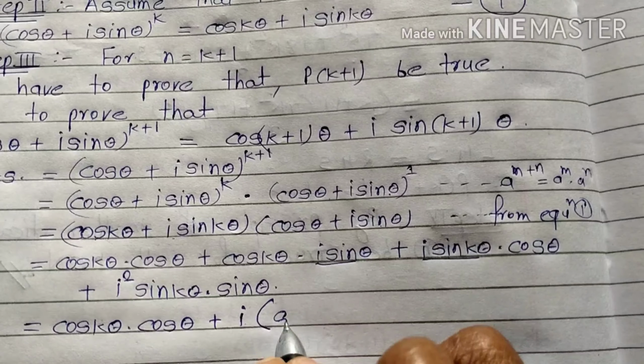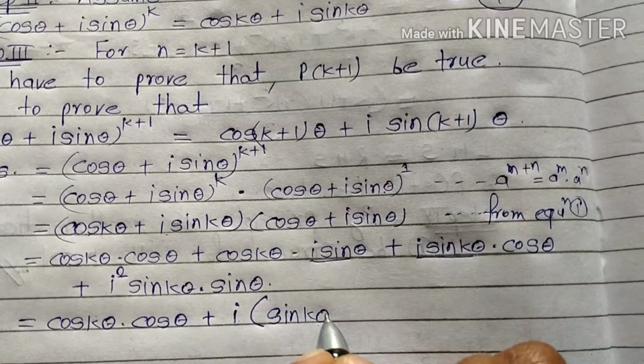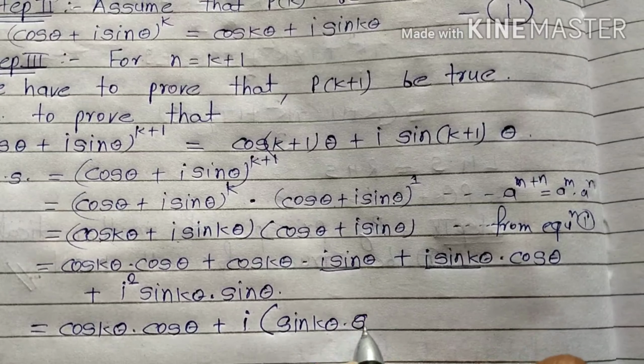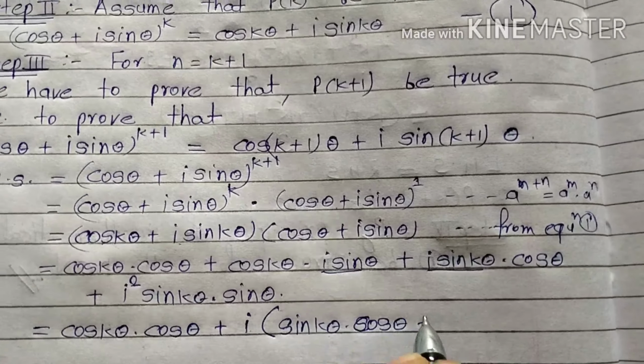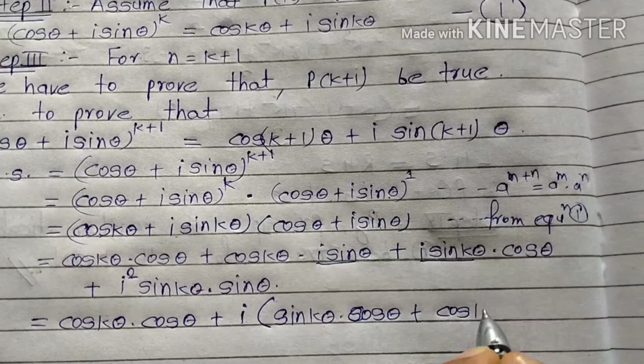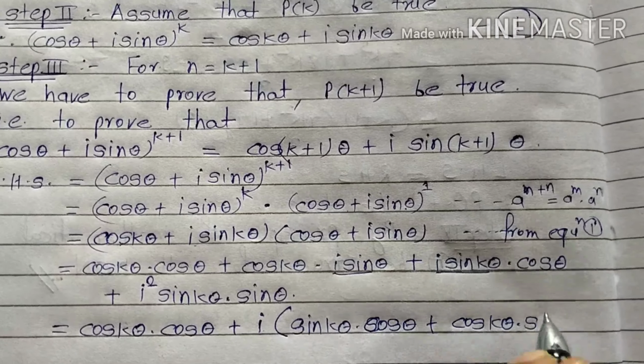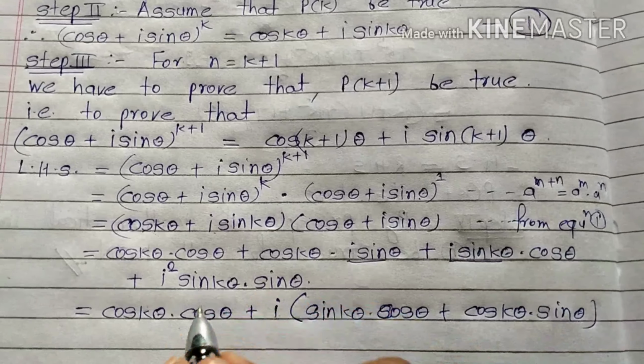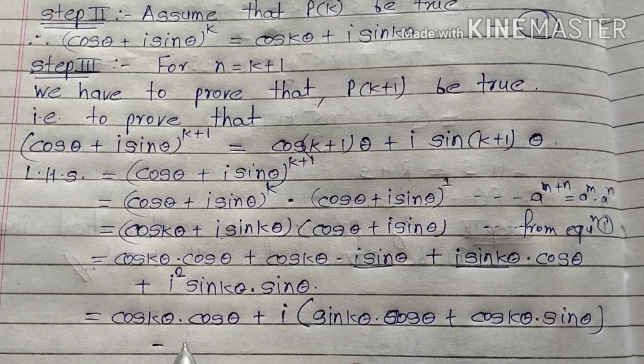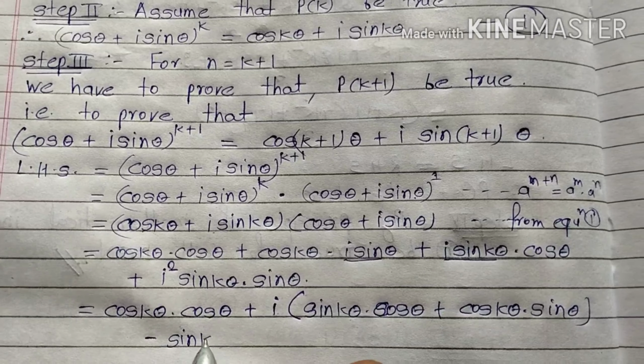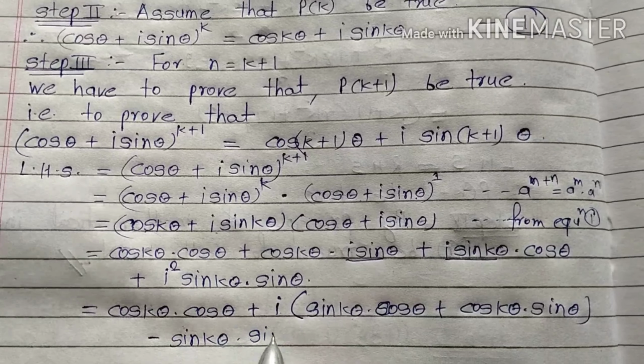So it is sin k theta into cos theta plus cos k theta into sin theta, and i squared is minus 1, so it is minus sin k theta into sin theta.